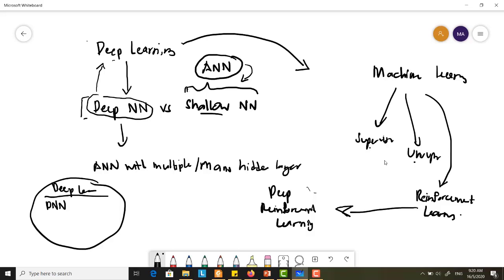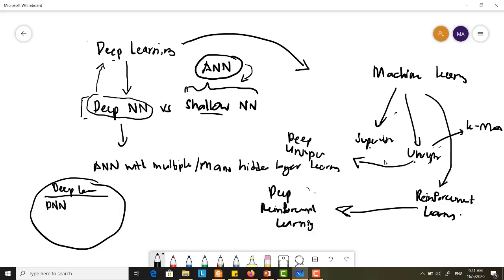Same goes for unsupervised learning. The example that we have is only K-means, but that does not mean they don't have deep learning here, because I found that some books also have deep unsupervised learning. So from here you can see that each category of machine learning has its own way to extend its architecture that can be categorized under deep learning.